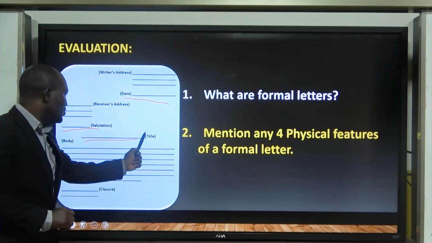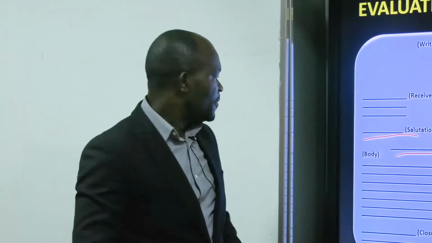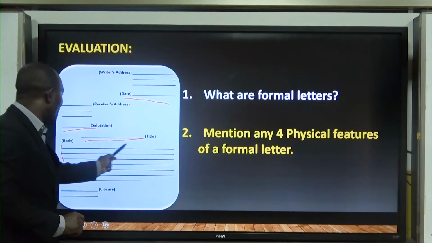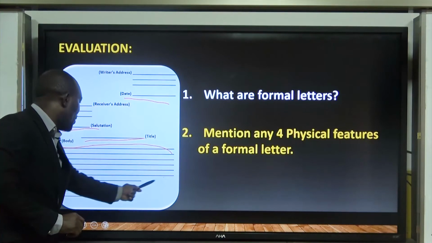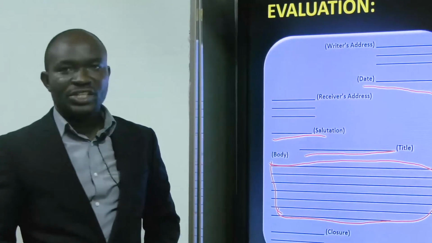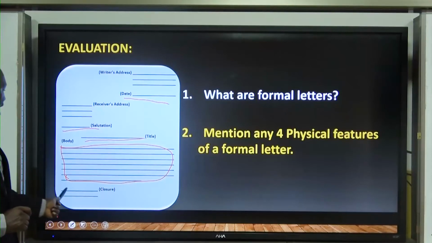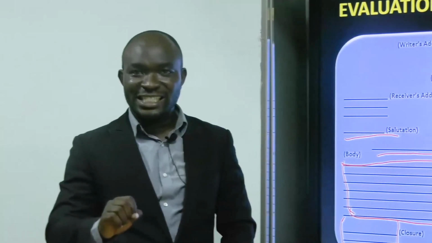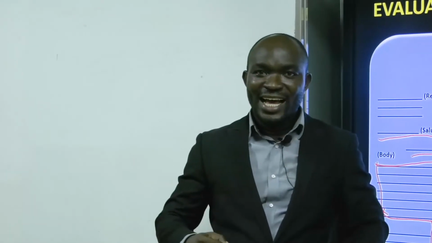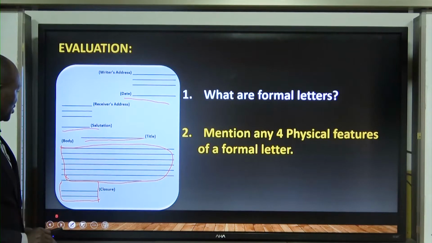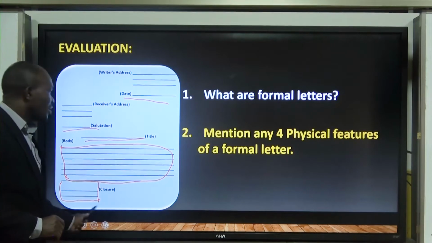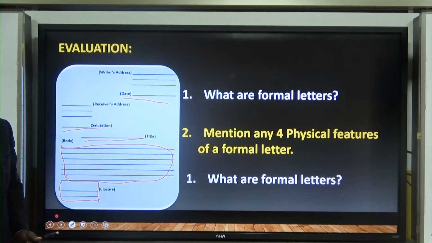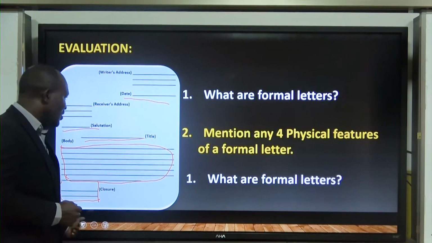Then the title, a formal letter has a title. And then the body of your letter, which is written in paragraphs. And we say these are the purpose or reason why you are writing. And finally, the closure, which I said has to be signed with your full name written and position or designation written under it. Okay, so what are formal letters? What are the features of formal letters?